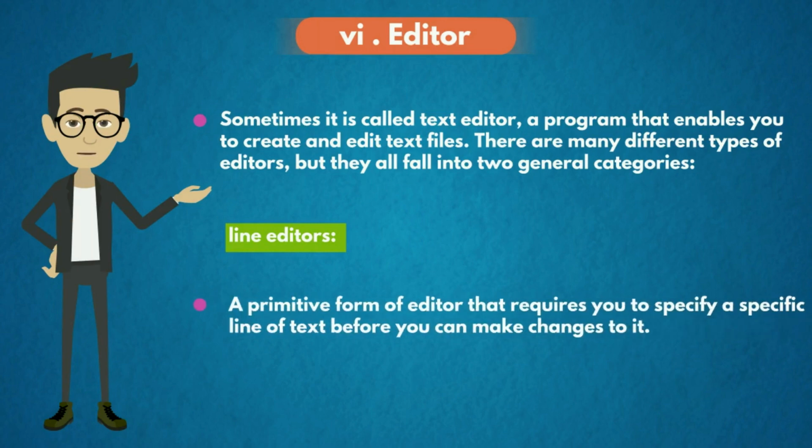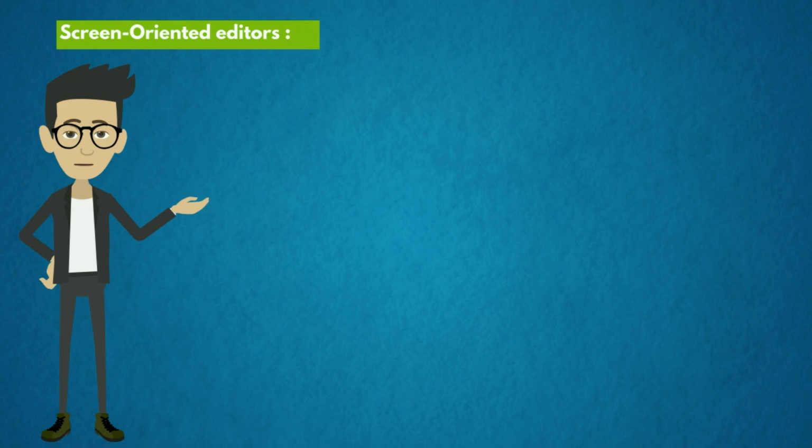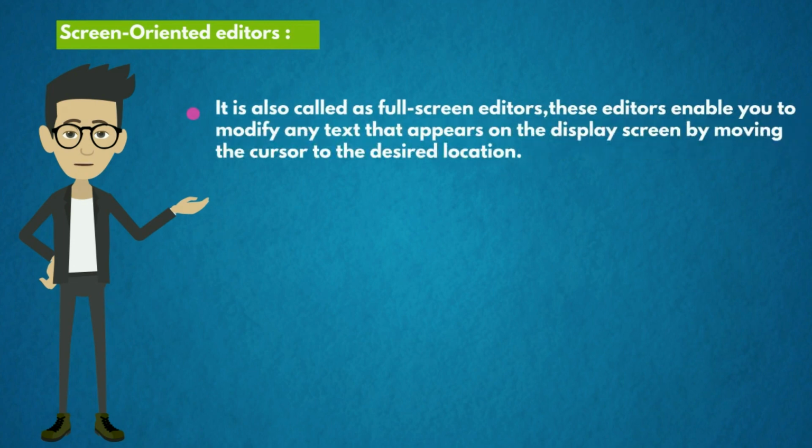A primitive form of editor that requires you to specify a specific line of text before you can make changes to it is called a line editor. And the second type of editor is screen-oriented editors. It is also called full-screen editors. These editors enable you to modify any text that appears on the display screen by moving the cursor to the desired location.